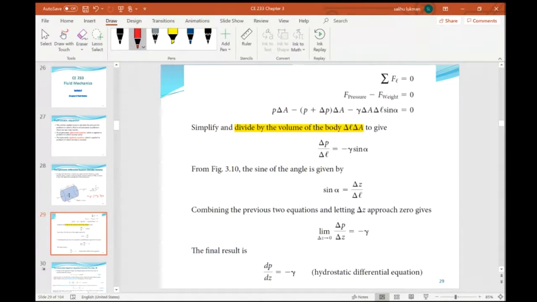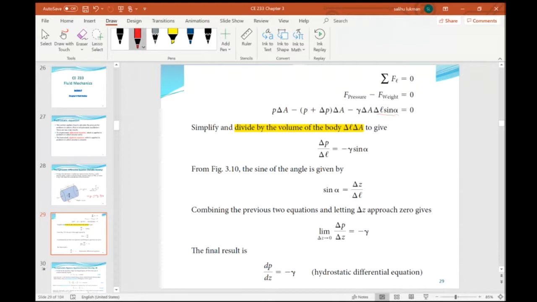Hydrostatic condition prevails because the weight of the fluid element is supported only by the pressure forces. So now you have this pressure force minus the other pressure force at the other end, and this is the resolution of the weight along the L direction. That's why you have sine alpha.